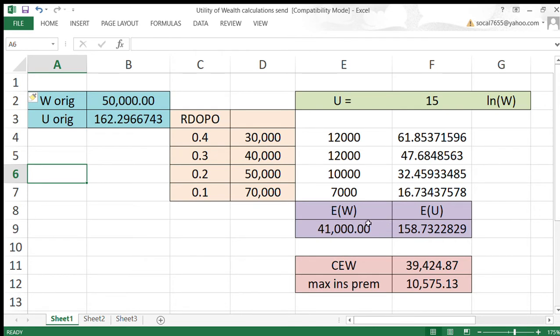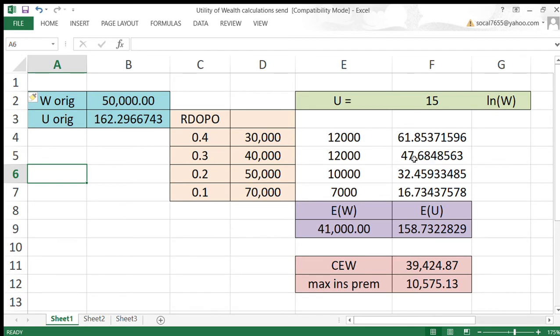Next, we want to calculate something important, the expected value of utility given the risky distribution of possible outcomes. To get that, instead of multiplying 0.4 times the 30,000, as we did to get expected wealth, we're going to multiply 0.4 times the utility associated with having 30,000. So we calculate this in this cell right here, and that is 0.4 times 15 times the natural log of 30,000.